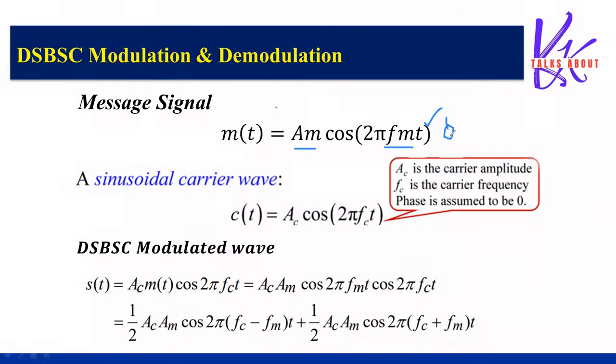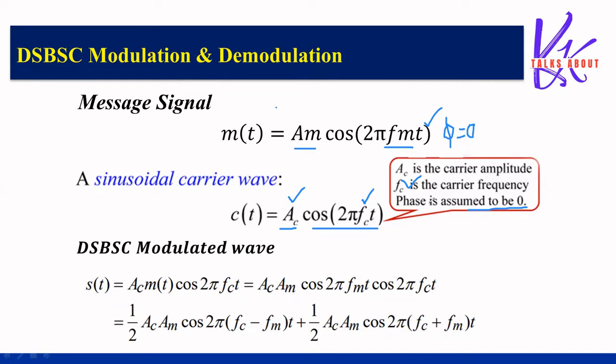Similarly, we want a carrier to be modulated in accordance with your message signal. So we consider C of t equals AC cos 2 pi FCT, where FC is the carrier frequency, and here also we are assuming the phase to be 0. AC is the amplitude of your carrier and FC is the frequency of your carrier.